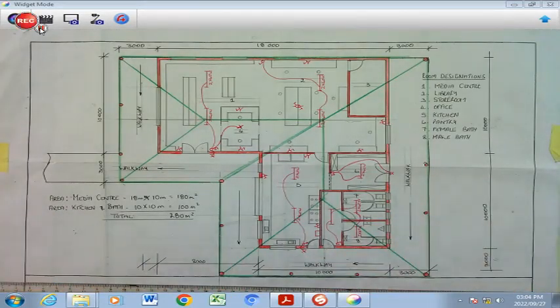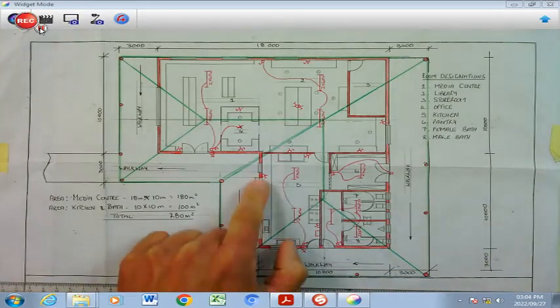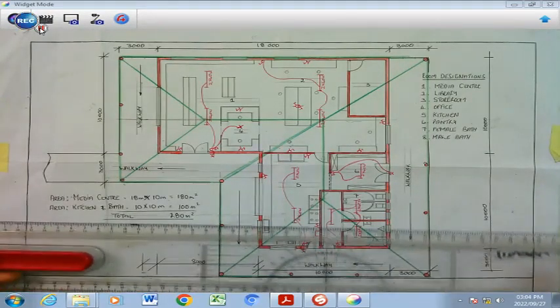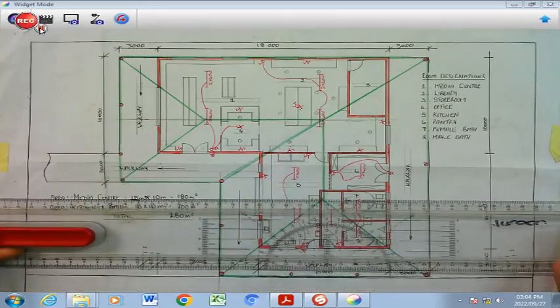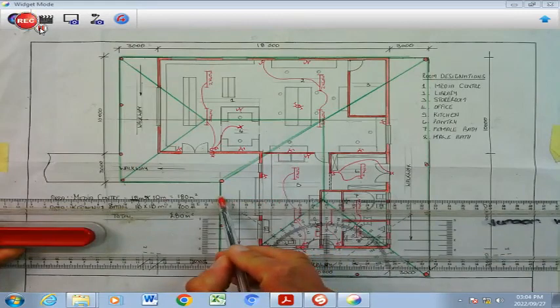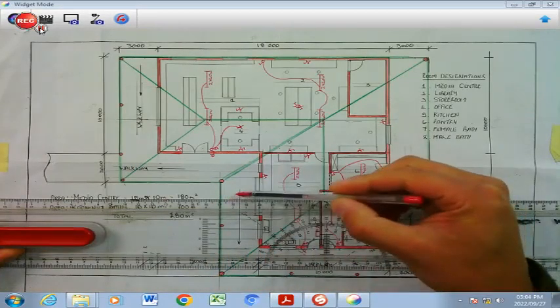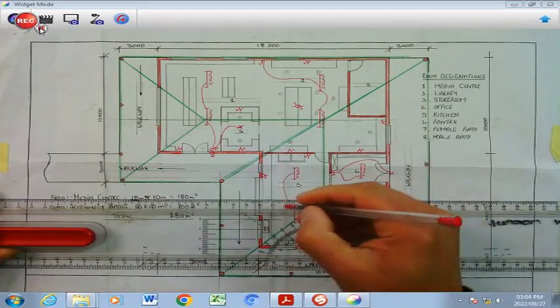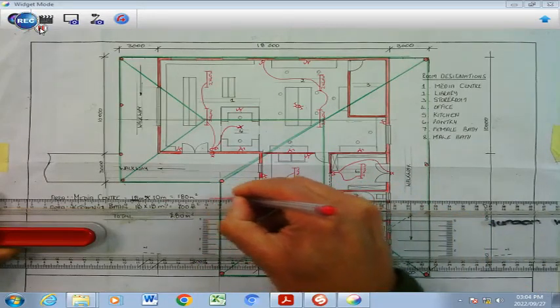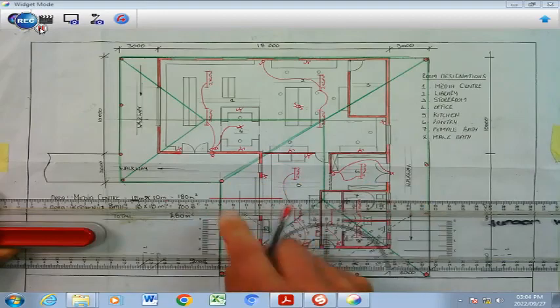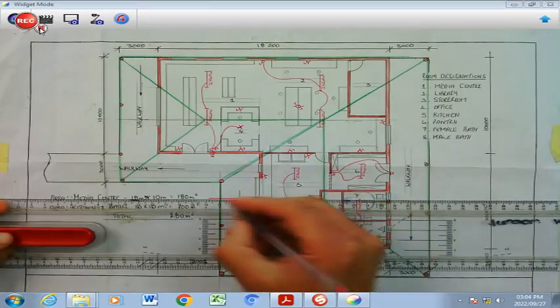So the first thing that we're going to be looking at is your serving hatch, which is going to be here. So the cutting line has to run through that serving hatch, but it has to include the roof as well. So your roof starts here, and your roof slants from the apex down to this point here, where the water will run into the gutter. So I'm going to suggest that you put a cutting line through there, like that, so that it includes the walkway.